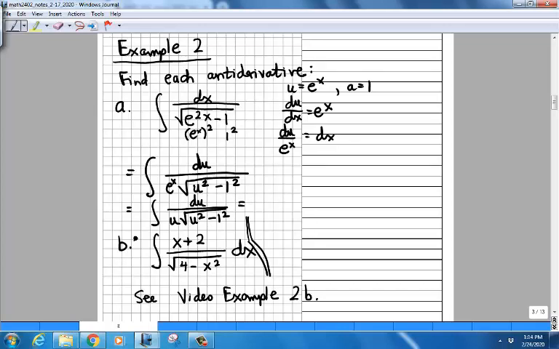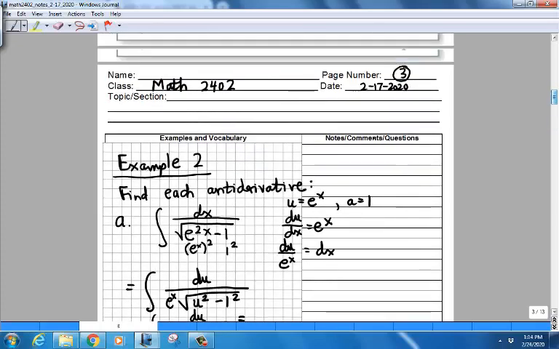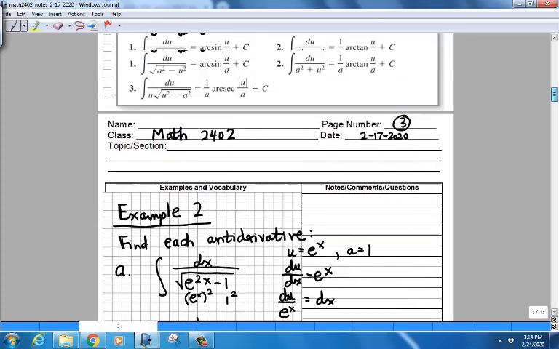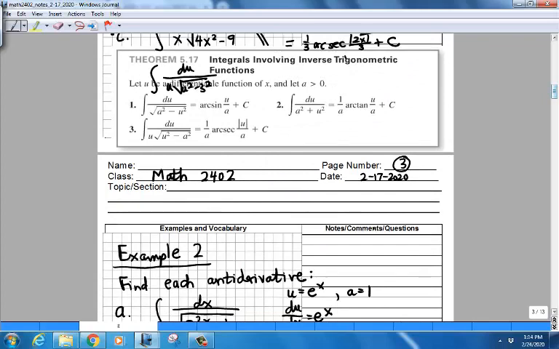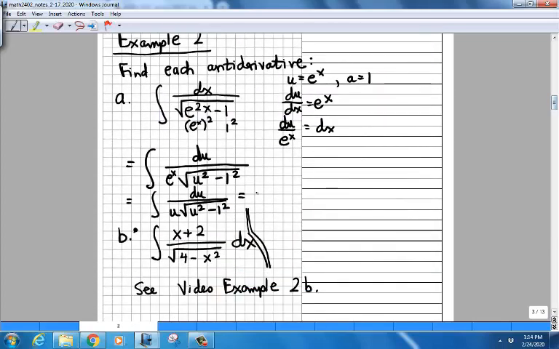So let's see, what's that going to be according to our arcsecant formula? It's 1 over a, so that's nice. That's 1 over 1 times the arcsecant of the absolute value of u. So that's that little catch you have to remember. It's going to be absolute value of u over a, but a is 1. And then plus the constant.